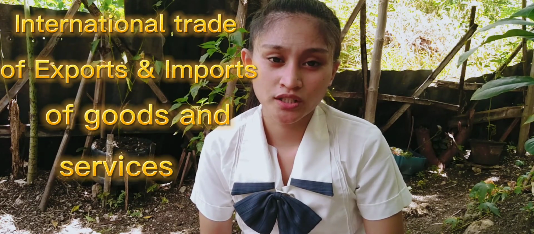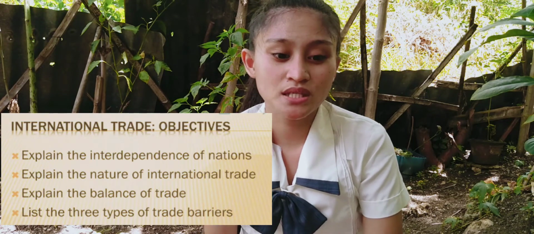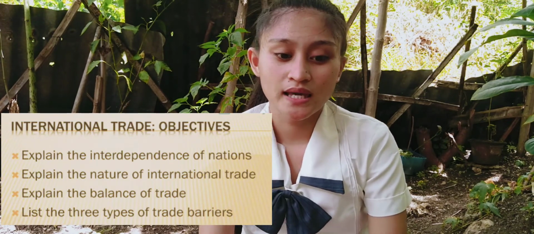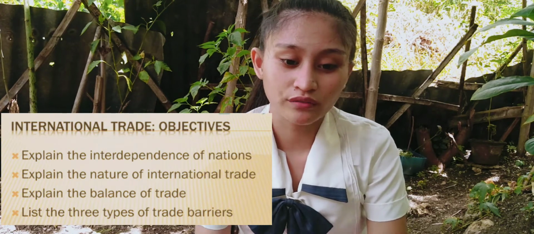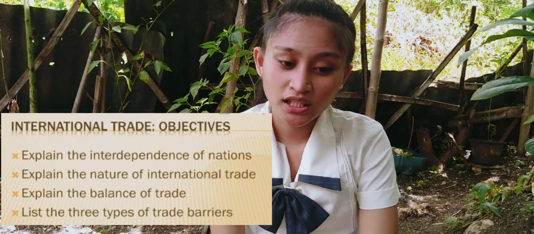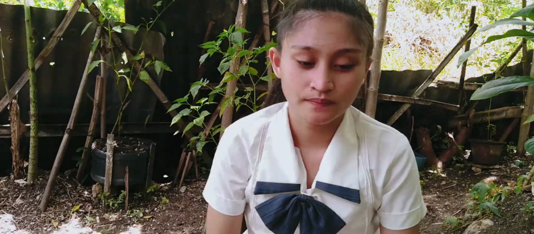So for today's video, we will discuss the international trade of exports and imports of goods and services. The international trade objectives: explain the interdependence of nations, explain the nature of international trade, and explain the balance of trade and the three types of trade barriers.